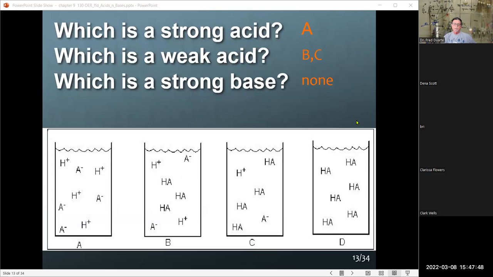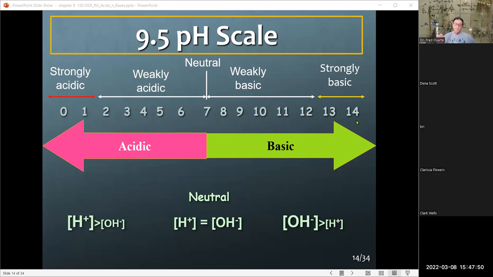All right, so this brings us to the pH scale. Now, the pH scale is nothing more than a mathematical number. Okay, that's all it is. Now, the scale runs from 0 to 14, where on the far left of the scale, you have what is classified as something that is acidic.